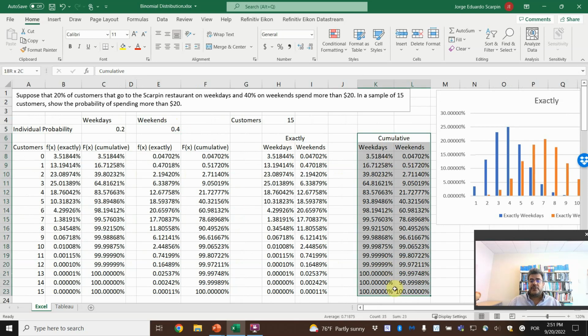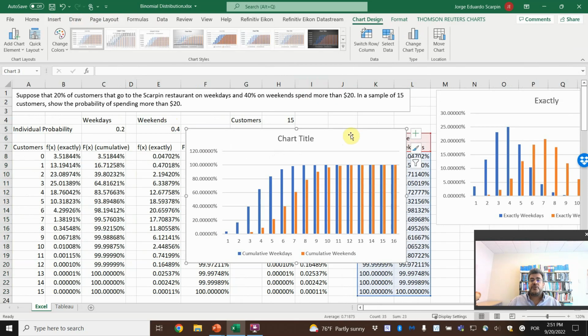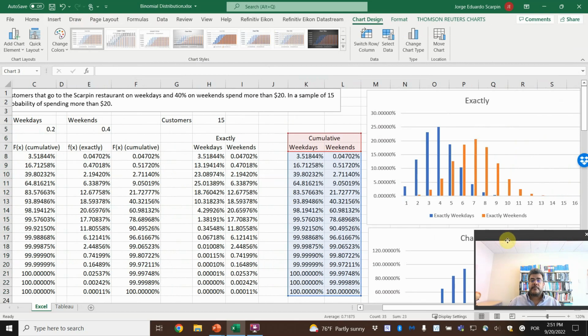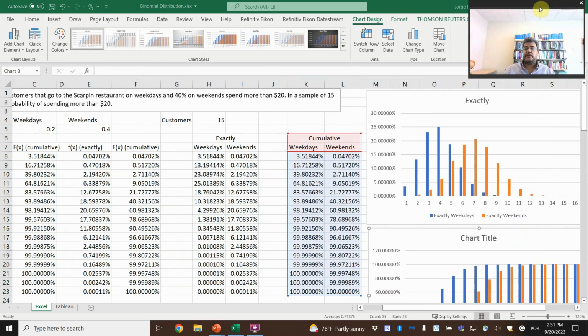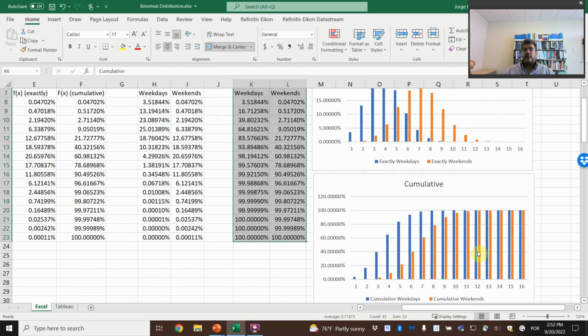And then for the cumulative, we do the same chart here. And let's move myself to the top. Cumulative. Then this cumulative looks like a Pareto chart.